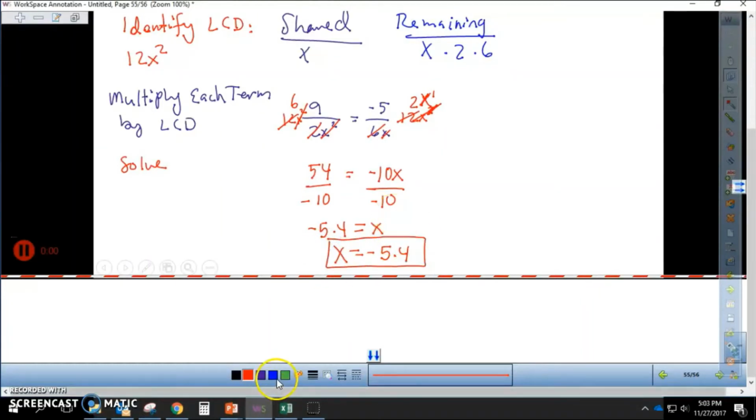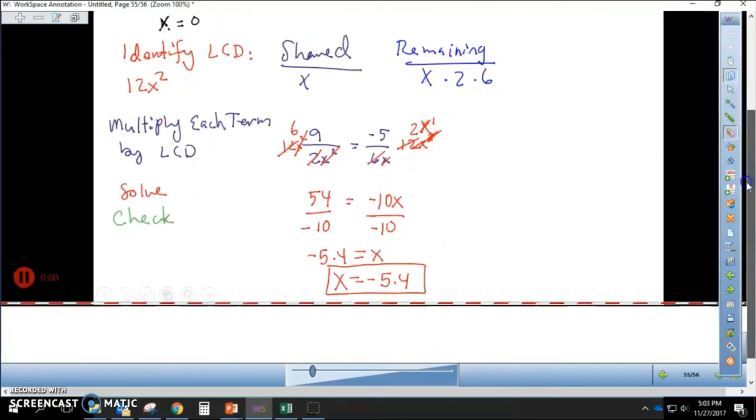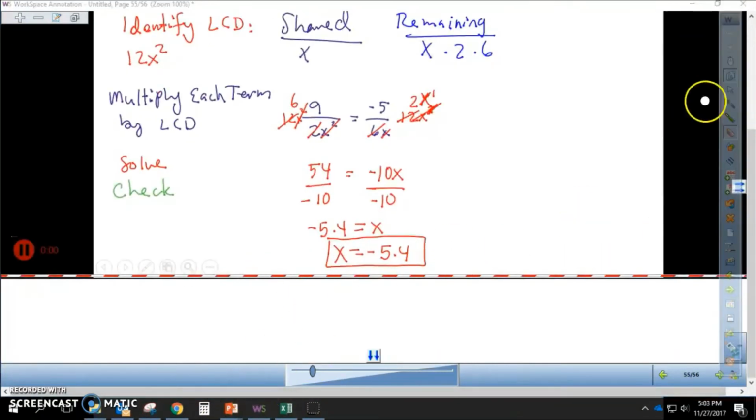Okay. So what we also have to do is check our solution. Is this an excluded value? And our excluded values up here were 0. So the answer is no. That's our final solution here.